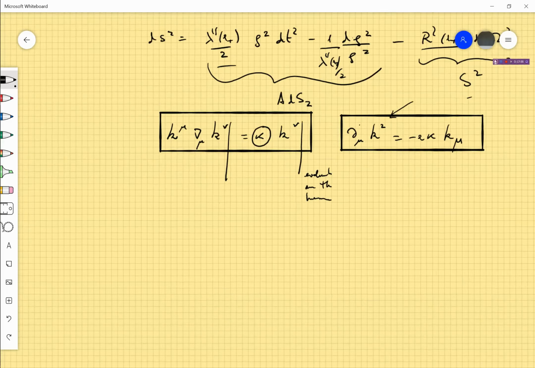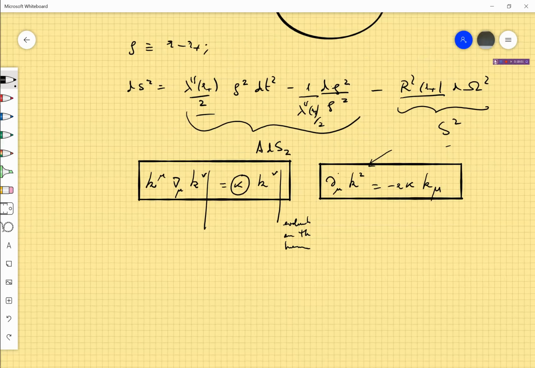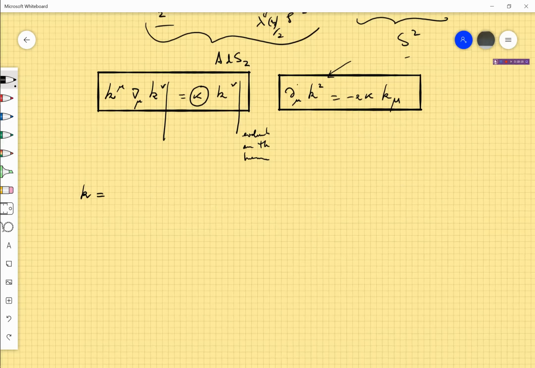Okay, so let's do this calculation now in the case of the Reissner-Nordstrom black holes in Eddington-Finkelstein coordinates, because we have already studied them. Well, we have to rewrite the Killing vector in the new coordinates. Okay, the Killing vector is just this, and in the Eddington-Finkelstein coordinates we replace t by v, but we keep r, theta, and phi.